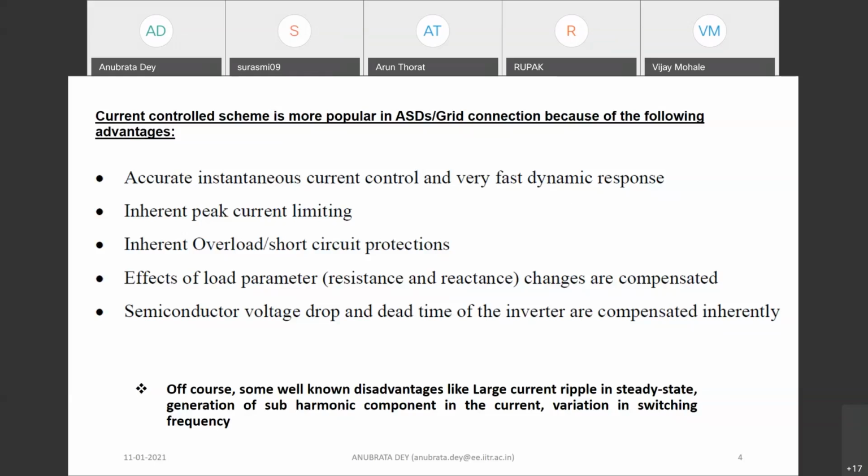Also, it has an inherent peak current limiting criterion. Basically, point number 2 and point number 3 are interrelated. It has inherent short circuit protection.